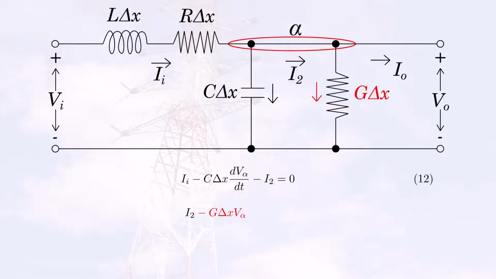Remember that this is a conductance, and we have an expression of the voltage here in this node A, and another term of this equation will be the outgoing current, the output current IO. So once again this algebraic sum will be equal to 0, and that will be our equation number 13.